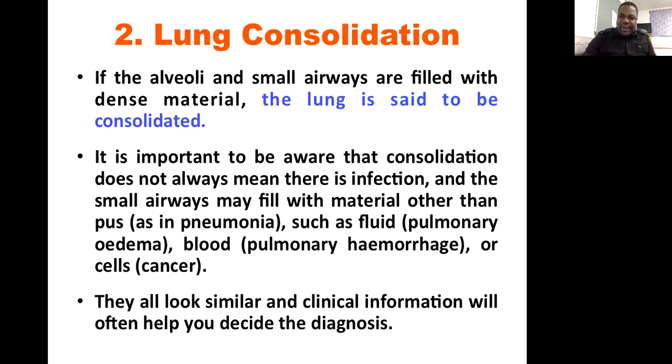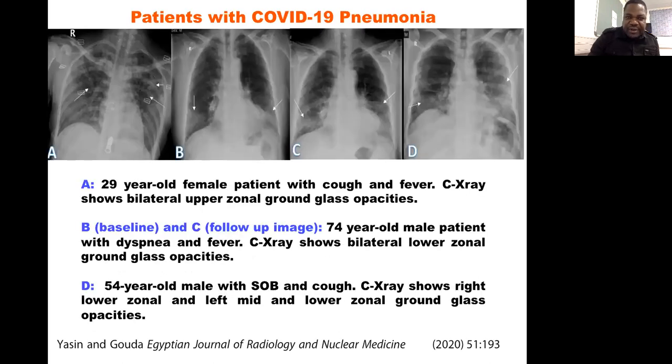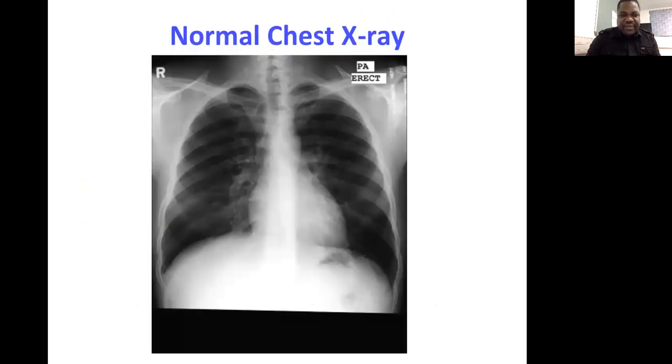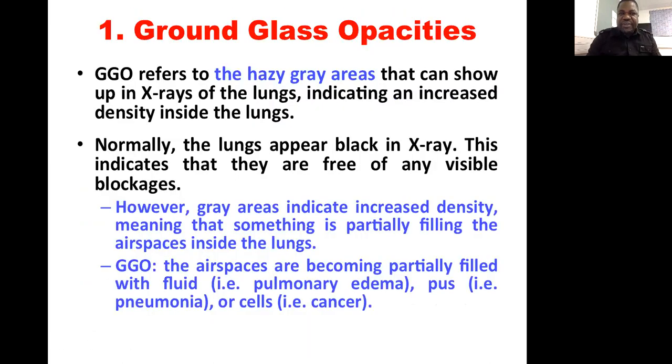So when the airways and the alveoli are filled with fluid, they become consolidated. So that's what we call consolidation. When they are only partially filled, we speak about ground glass opacities.